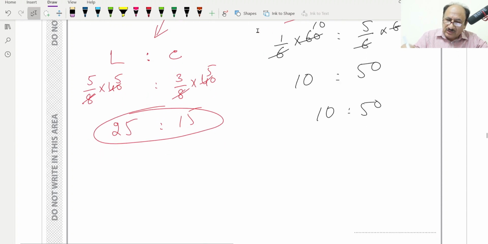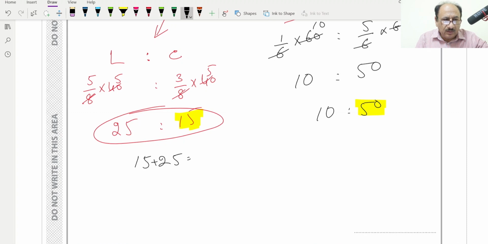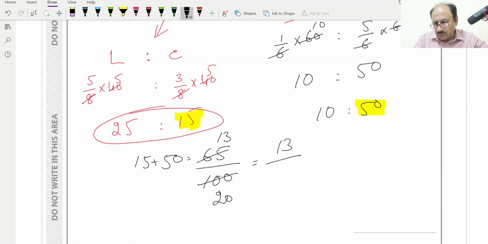So the curry sections are this one and this one, which is 15 plus 50. 15 plus 50 is 65, and out of 100 which we supposed, 65 over 100 we can cancel by 5. 5 13s are 65 and 5 20s are 100, so the ratio will be 13 over 20, and 13 over 20 will be our answer for this part.